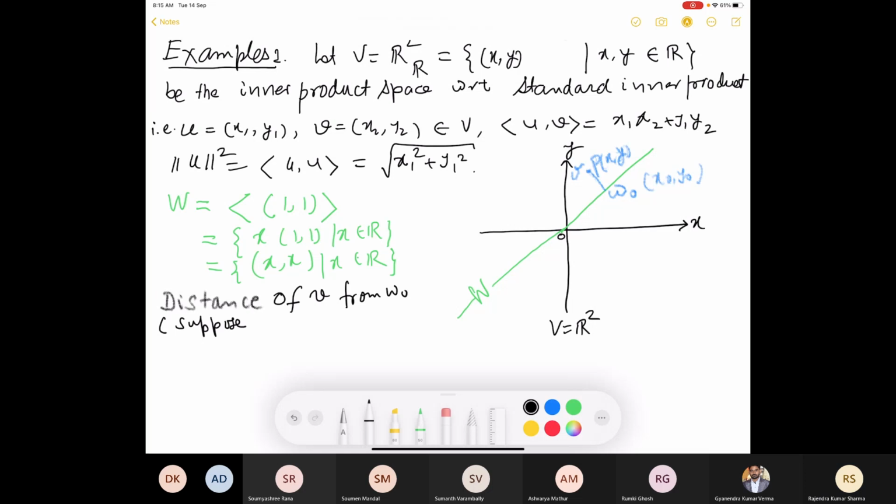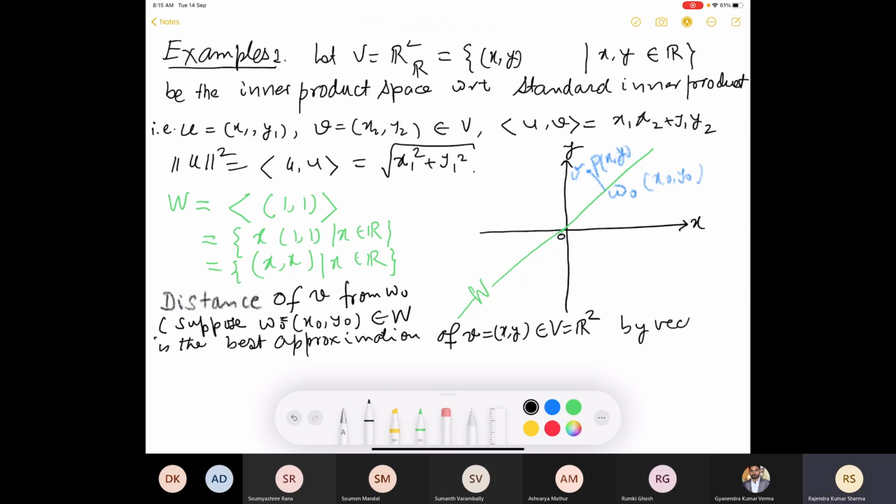Suppose W naught, X naught, Y naught in W is the best approximation of, let us say, V, which is the vector, so X, Y in this bivectors in W. And what is W?